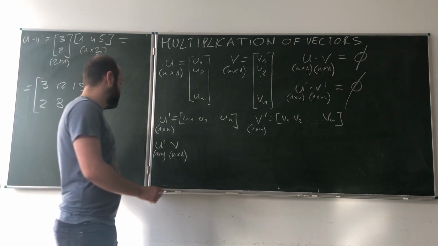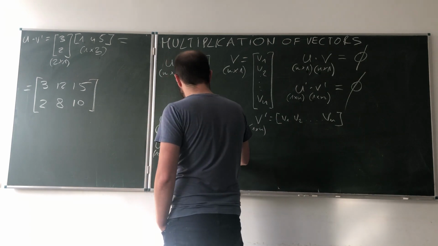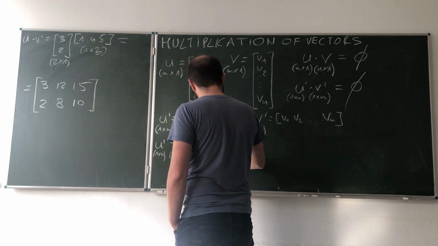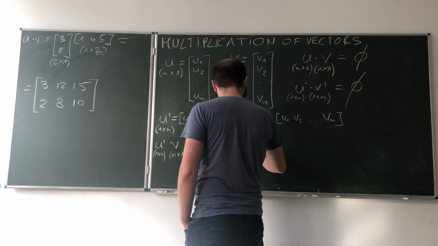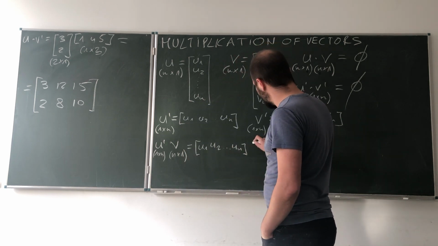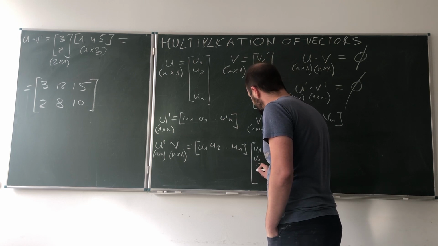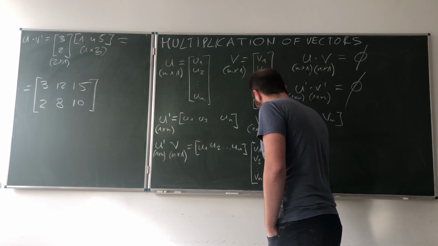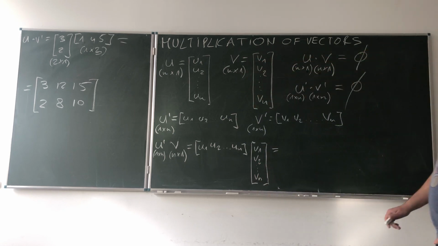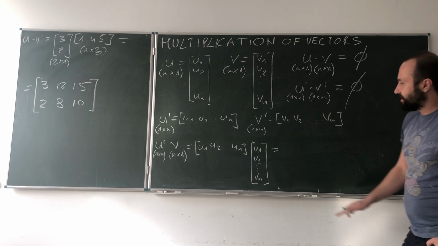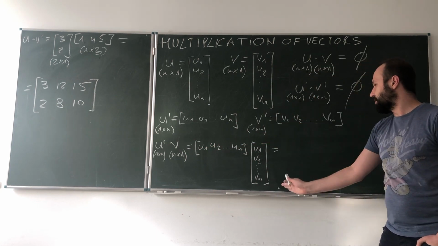Okay, so what does it mean? Let's do this one slowly as well. So we've got u1, u2, and some un, and then we've got a vector v: v1, v2, until vn. Again, when I multiply matrix by matrix, I go entire row by entire column. Here is just one row, one column.